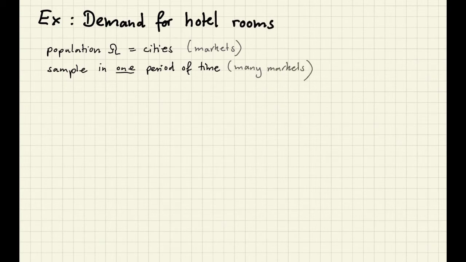Let's write down a simple demand model for the demand for hotel rooms. So we have a quantity Q, and let's suppose that this gives us the number of bookings per month. And obviously the number of bookings will depend on the prevailing price.